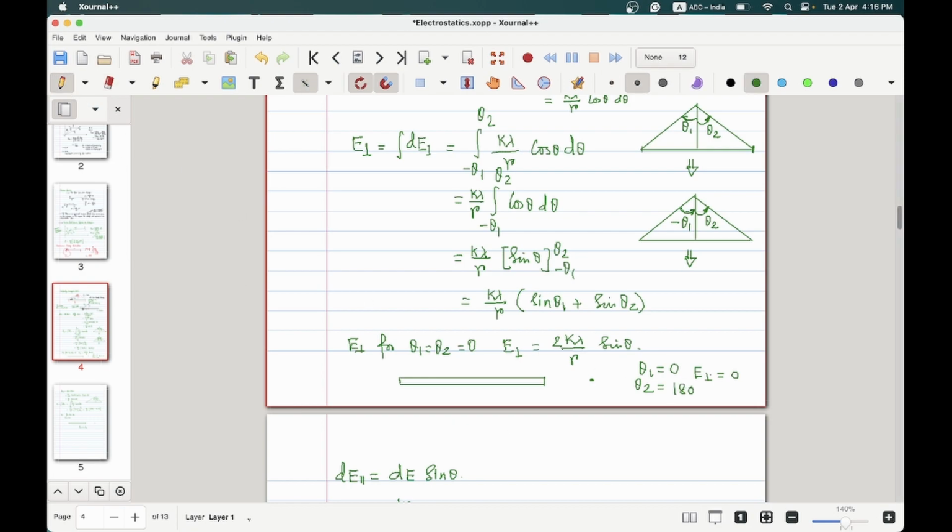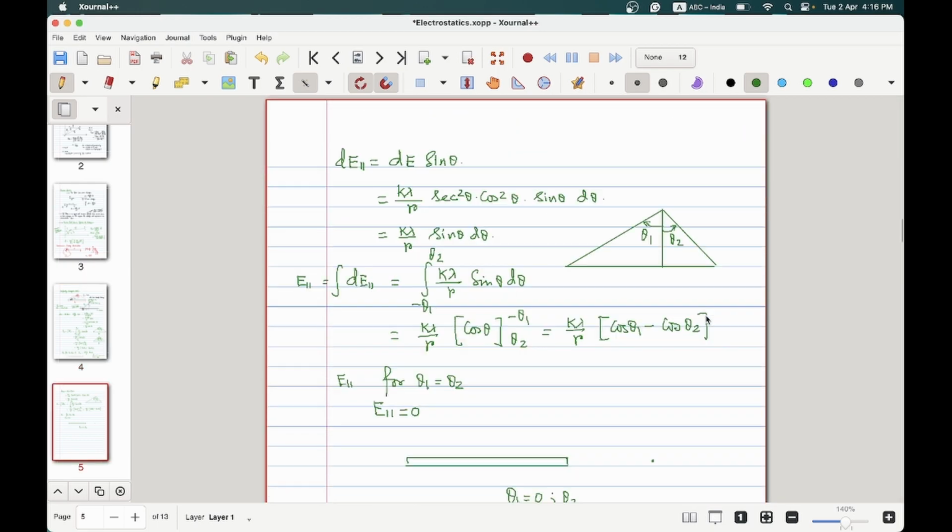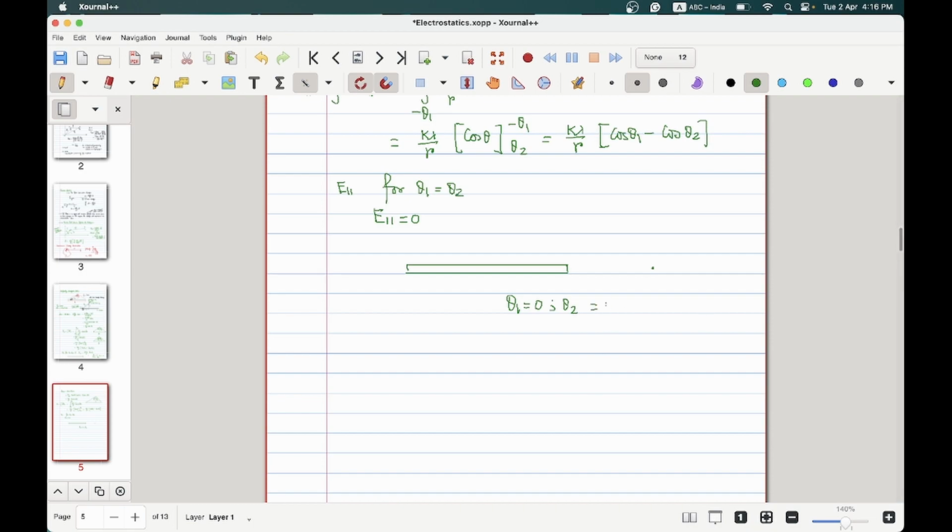For this one, E perpendicular is 0, because sin theta 1, that is sin 0, plus sin 0 is 0. And here theta 2 equals 180. If this is true, then E parallel equals what? 1 minus minus 1. Clear up to this?